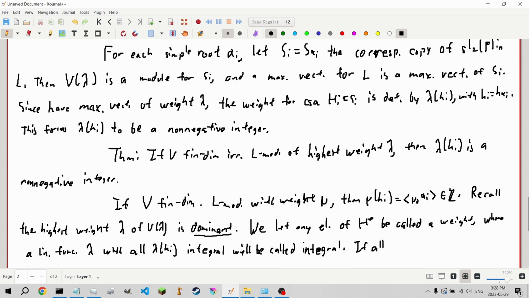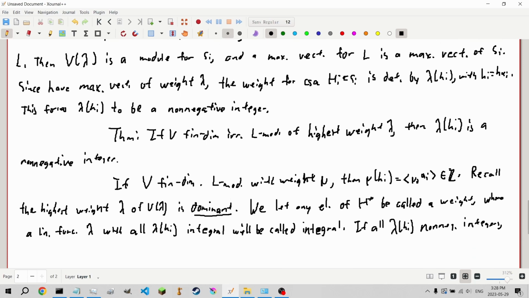If all lambda Hi are also non-negative integers, we call lambda dominant integral.